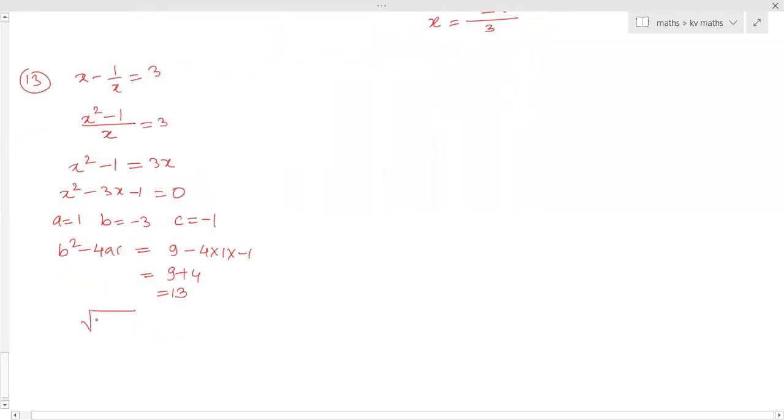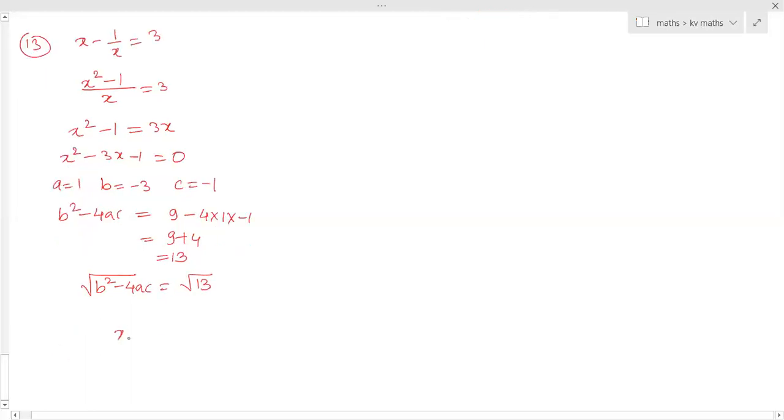So the square root of b square minus 4ac is square root of 13. So x is equal to minus b plus minus square root of b square minus 4ac by 2a. Minus b means plus 3, plus minus square root 13 divided by 2. That is the value of x.